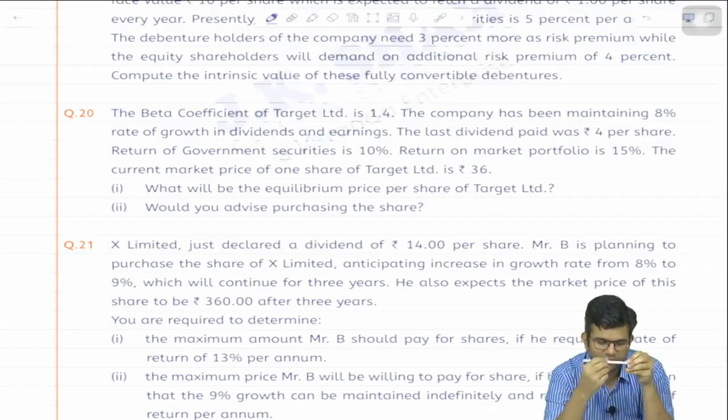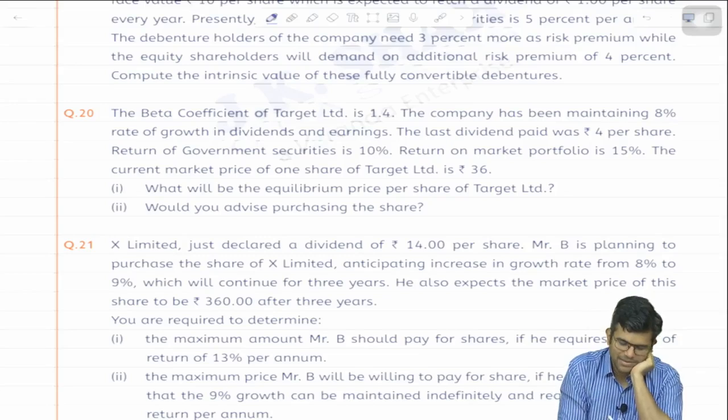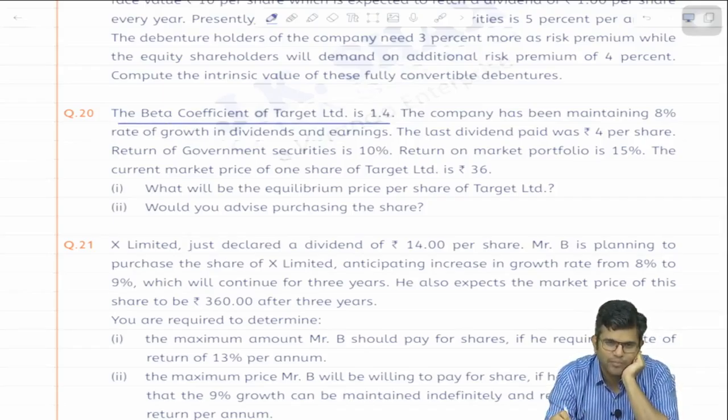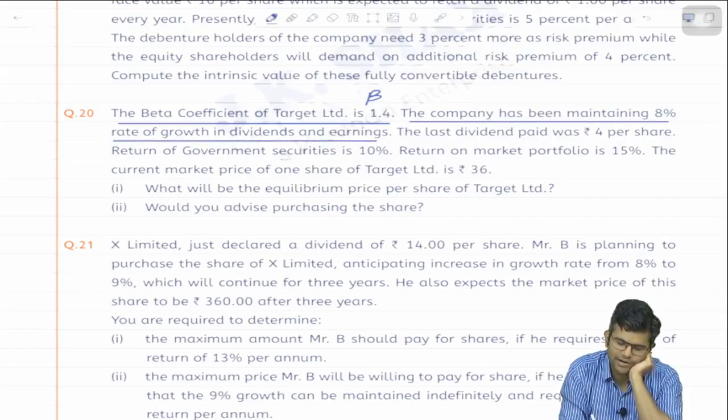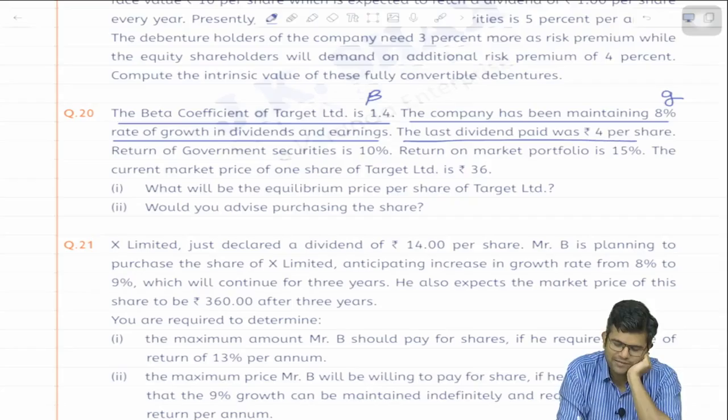Ready? Everyone? Alright. The beta coefficient of Target Limited is 1.4. So this is the beta. The company had been maintaining 8% rate of growth in dividends and earnings. This is your G. Last dividend paid was 4 per share.